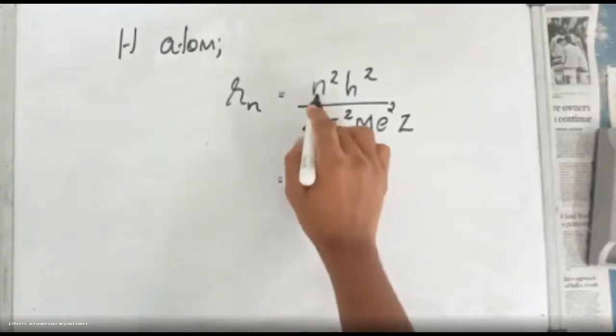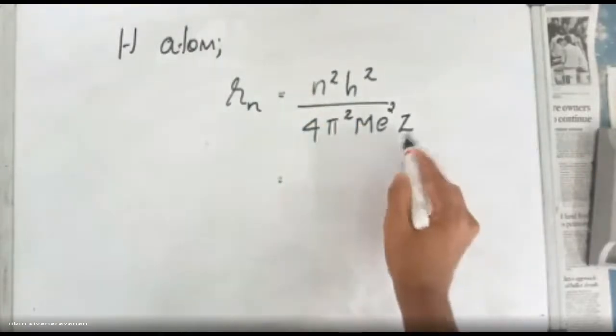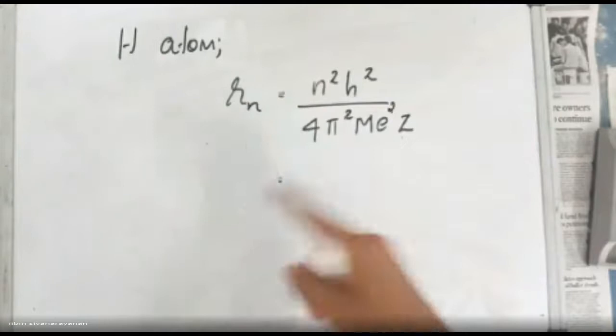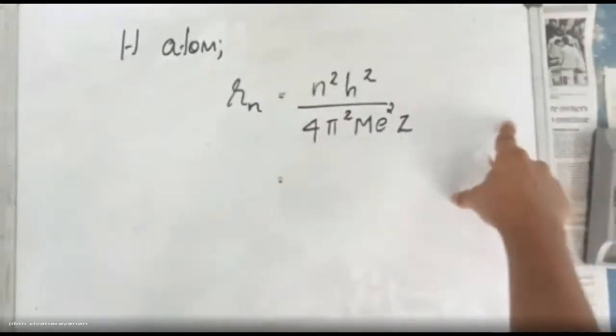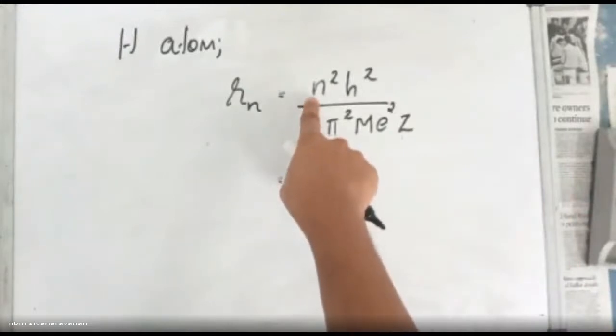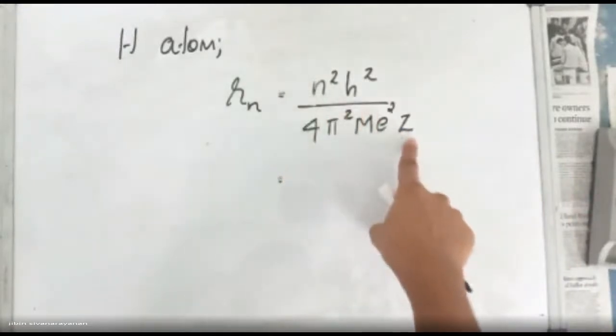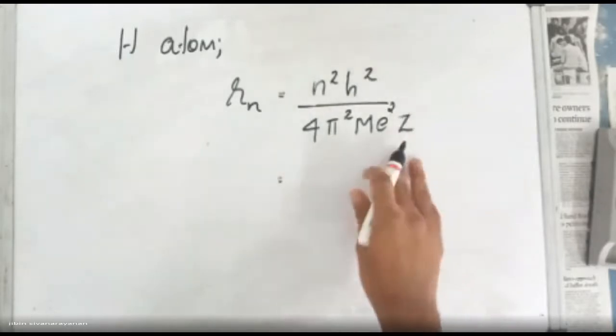Apart from n and z, n is the number of the orbit. If I want to calculate the radius of the third orbit, we have to put n as 3. Z is the atomic number; for hydrogen, it is 1.